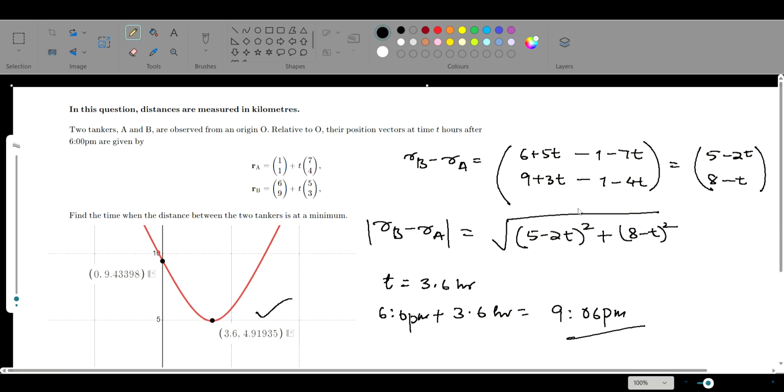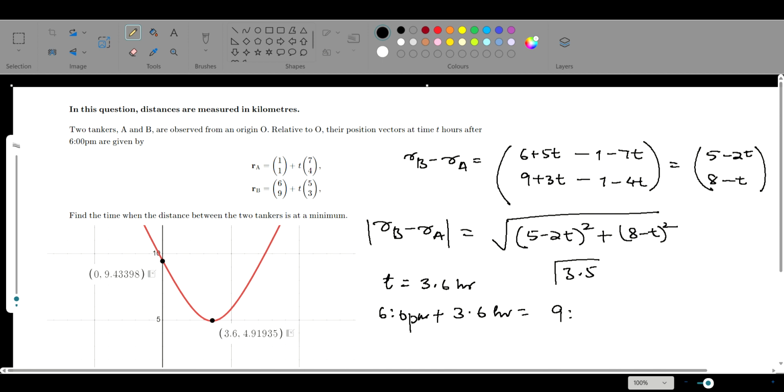That 0.6 is in hours, so you need to check how much it will be in minutes.